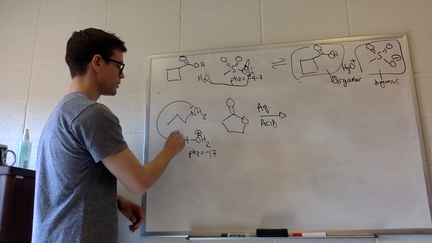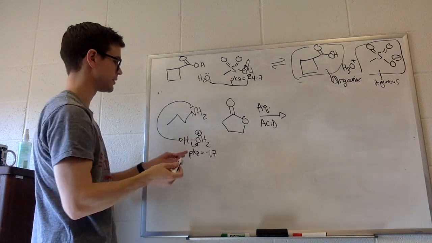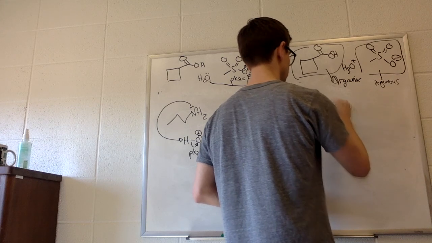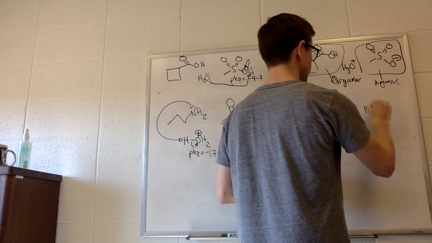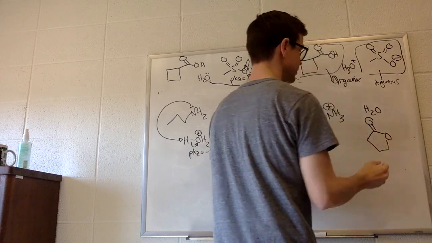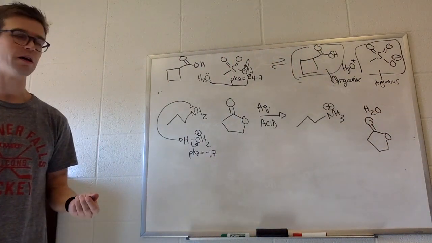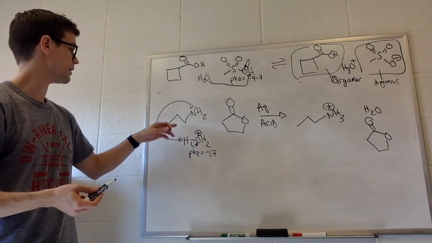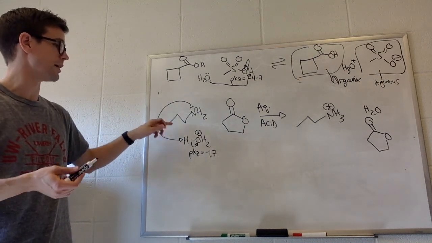This amine is going to deprotonate that aqueous acid to make the quaternary ammonium salt, water, and this ester is going to remain unchanged. The ester is not very basic. It's not very acidic. This is basic, but not very acidic.